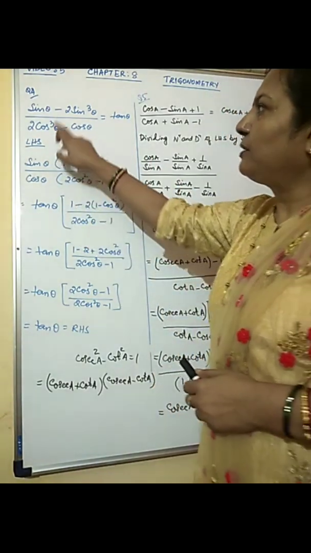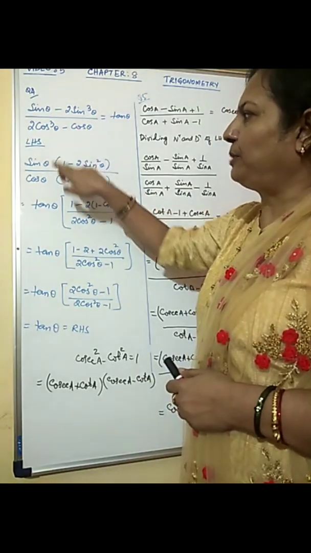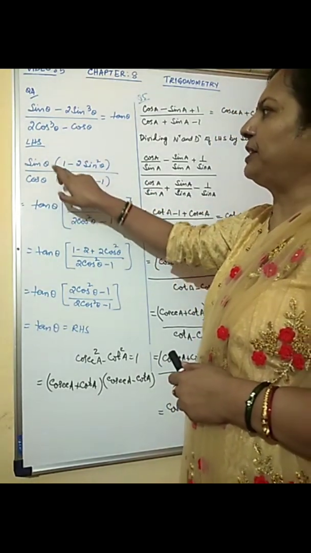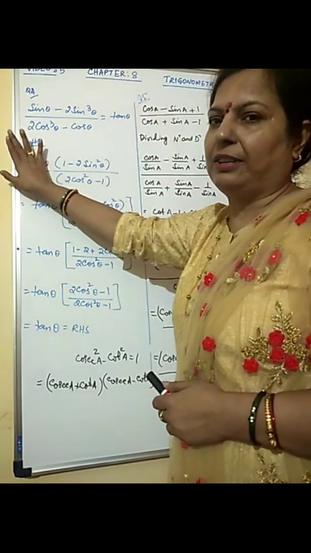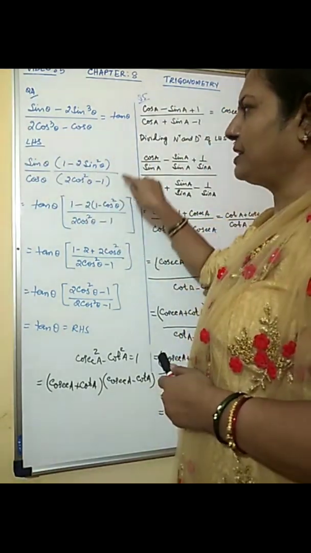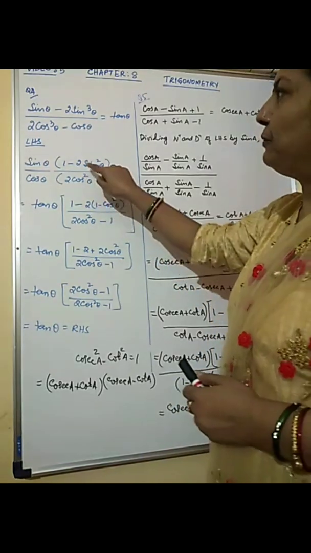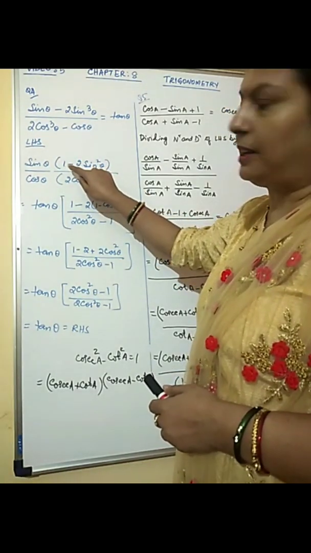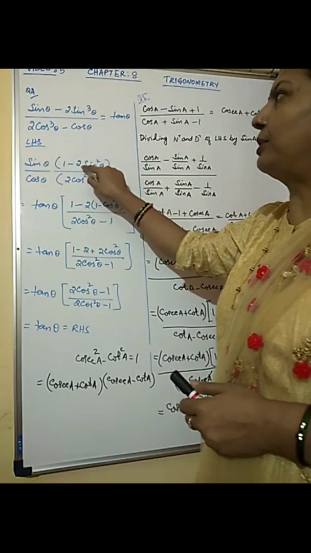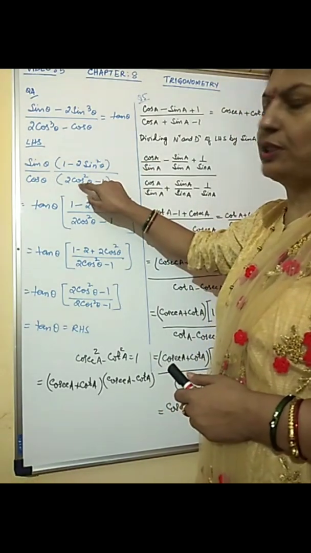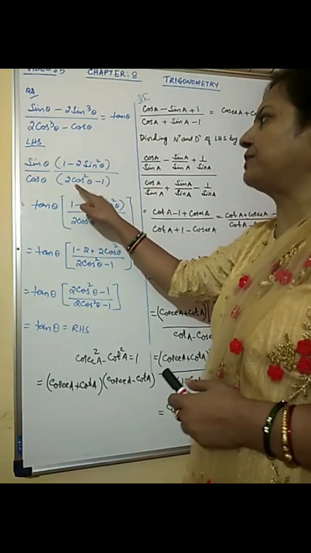So now first we take sin theta common from the numerator and we take cos theta common from the denominator. So sin theta and cos theta will give us tan theta. Our result is obtained. Whatever is left has to cancel. So what is left in the numerator is 1 minus 2 sin square theta. Now clearly you know sin square theta you can convert in terms of cos square theta or vice versa.